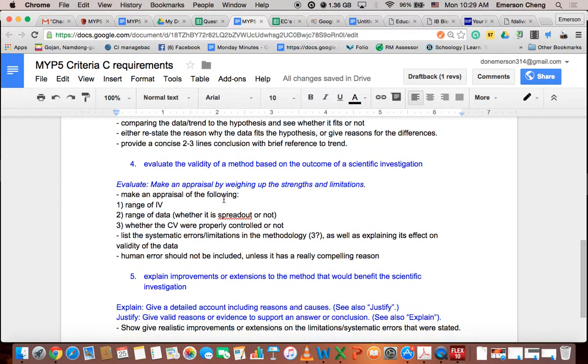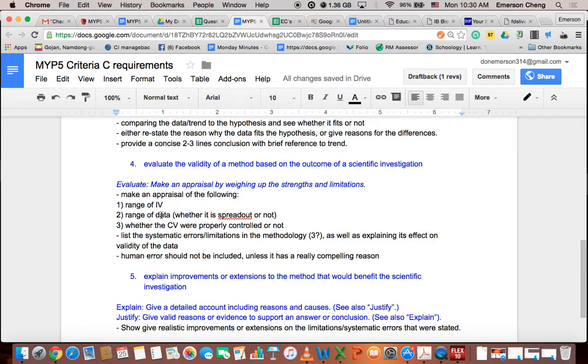Next, evaluate the validity of a method based on the outcome of the scientific investigation. So you need to make an appraisal. Just a reminder, appraisal means talking about strengths and limitations. Consider the range of the independent variable. Someone from the other class asked me: is the range of the IV, the independent variable, the same thing as the range of data?